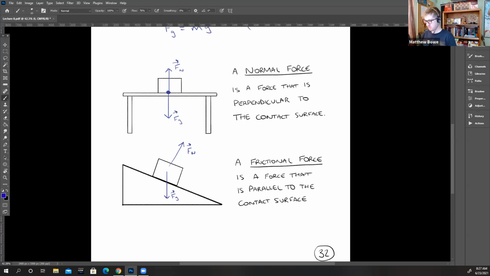So this is where we have to learn how to adjust our own reference frame a bit, tilt our head, and see that the frictional force is parallel to the surface like that. And in this case, since the block isn't moving, the friction is pointed upwards like this.